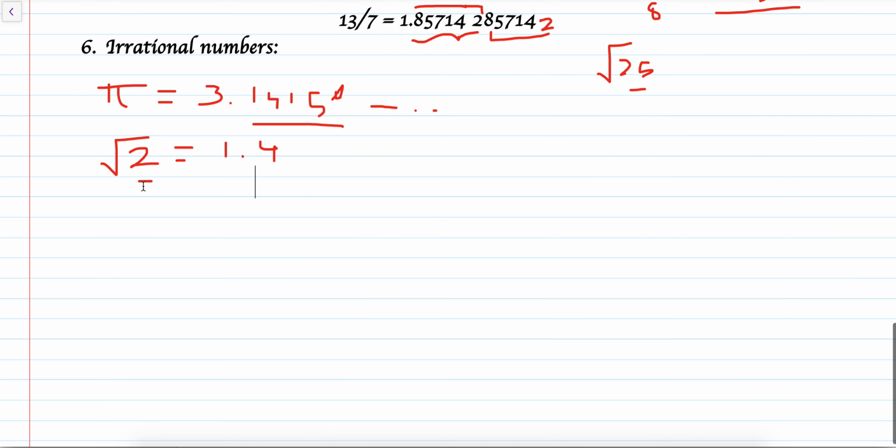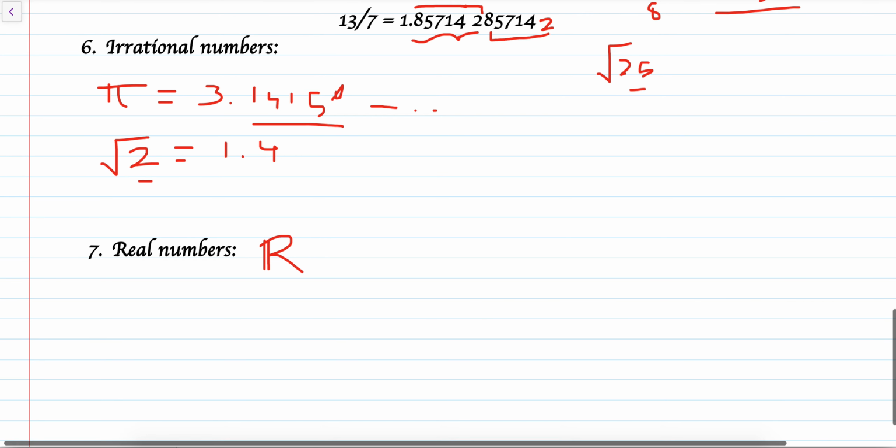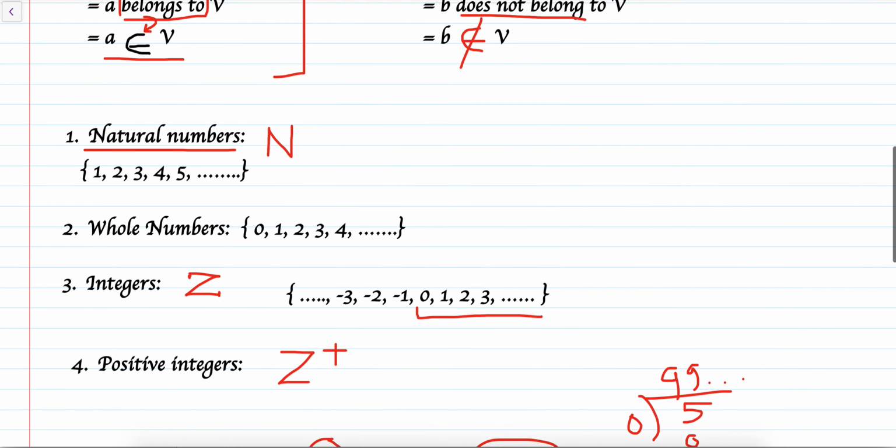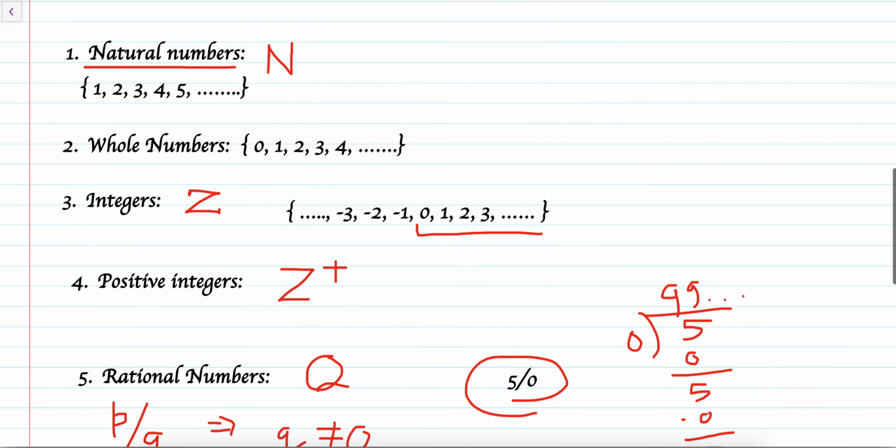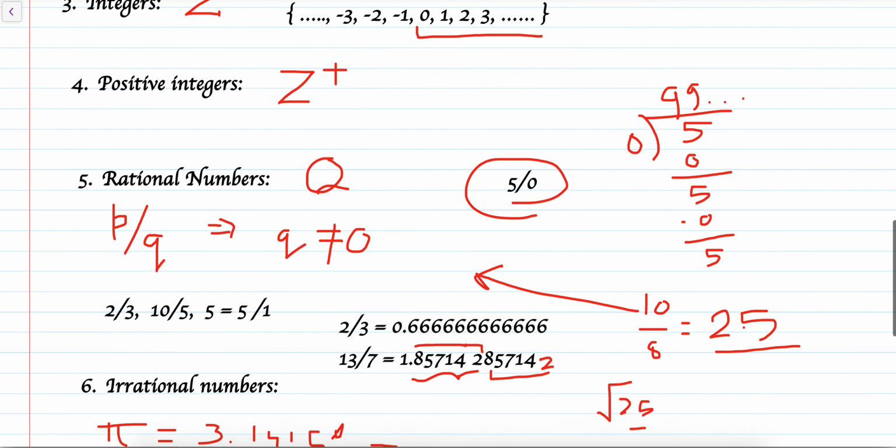So next example we would see is real numbers, and we have a symbol for this. So we denote real numbers by capital R, and same as integers, like we denote integers using Z and positive integers using Z plus.